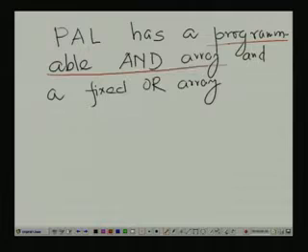So, this is a totally reverse thing if we consider the programmability.